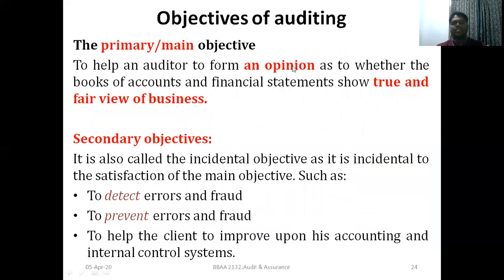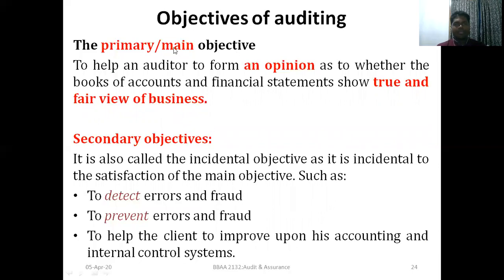Now we can see the objectives of auditing. When we say the objectives, aims or purposes of auditing, we should know what they are.